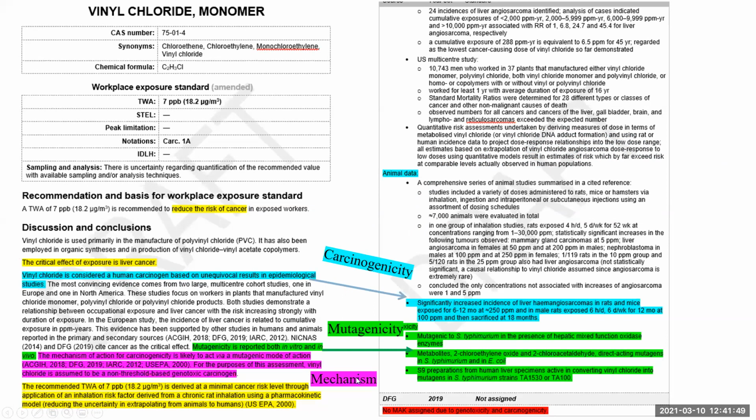And there was no evidence to the contrary as to its genotoxic mechanism. Also of note, some of the primary sources wouldn't assign values if a chemical was genotoxic or exhibited carcinogenic properties.